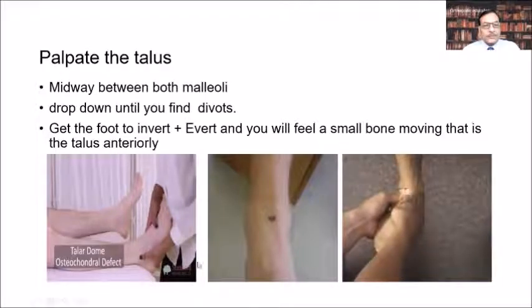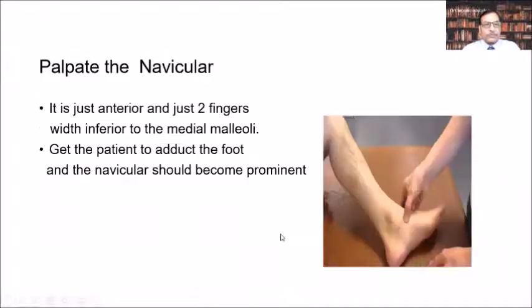So this is how you do it. Start from one side and slowly go. And this is the place where you will find the talus. It is almost midway between the medial and the lateral malleoli, and push your finger beneath. You will find it, and invert the foot also.